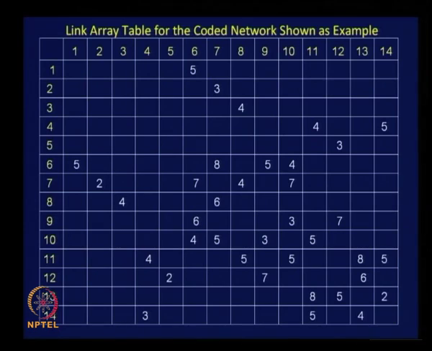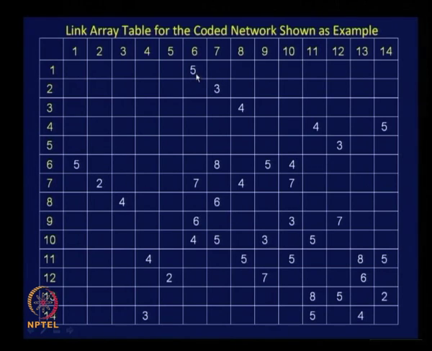Are you convinced now that it is possible to represent a road network in the form of a simple link array table? It gives all the information that you get from the picture that we have seen earlier. Suppose we want to incorporate other attributes of the link, length of the link, capacity of the link, all these things can be included.